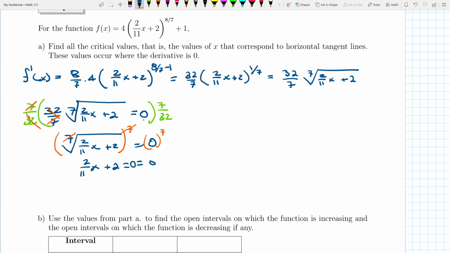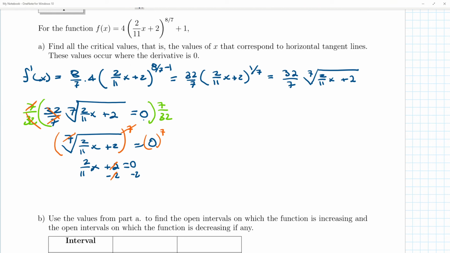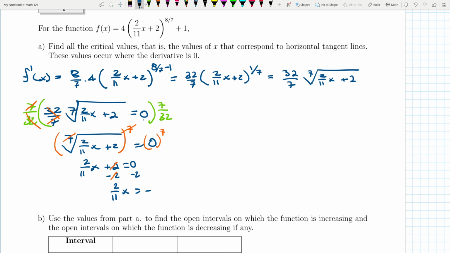Okay, so let's solve this baby equation. Ultimately, this is simply a linear equation. Subtract 2 from both sides to cancel these 2's, and we will be left with 2 over 11x equals negative 2.